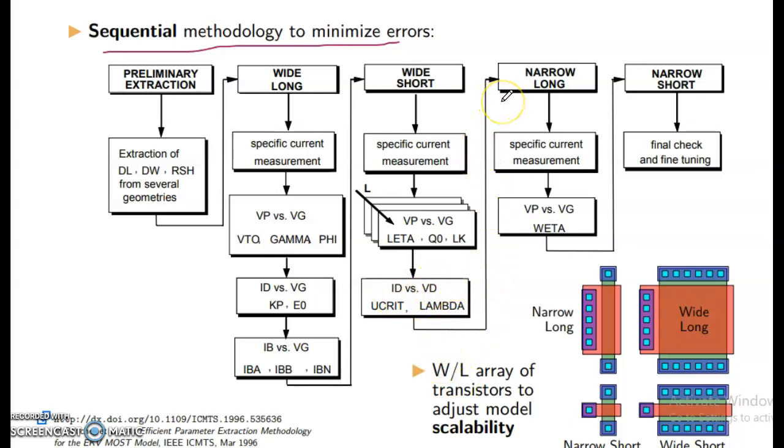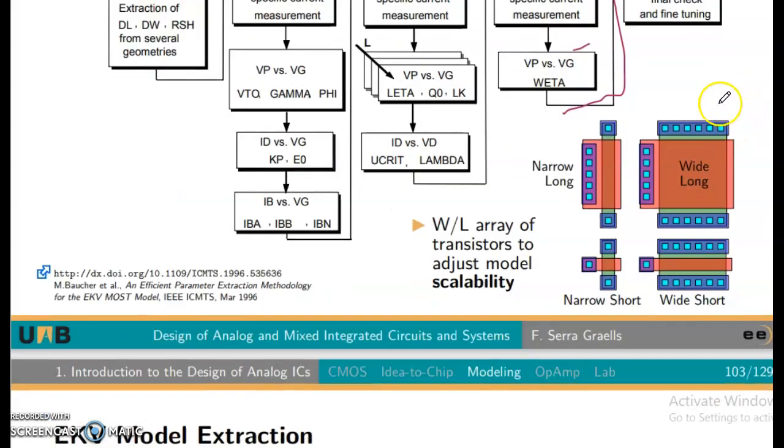This connects to narrow long. Under this, specific current measurement, VPS, VCS, VG vector, and this one connects to narrow short. After that, final check and fine tuning with length array, W L array of transistors to adjust model scalability.